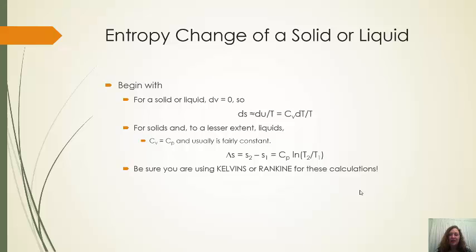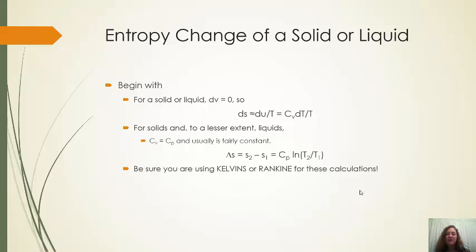Now for solids, and not quite so much, but almost for liquids, C sub v is going to be fairly constant, and it's approximately equal to C sub p. And so we can integrate this. If C sub v or C sub p is constant, I can bring it out of the integral, integrate dT over T, end up with the natural log of T from state 1 to state 2.